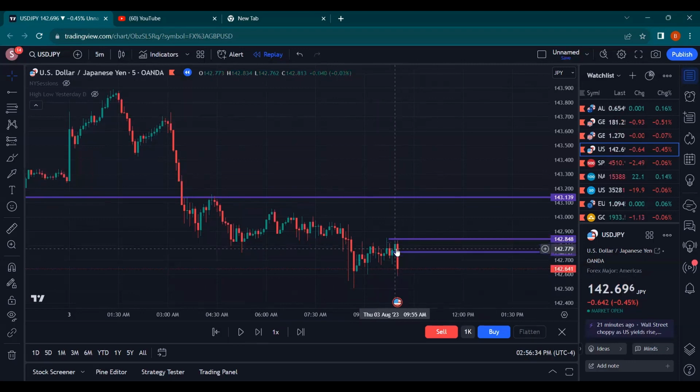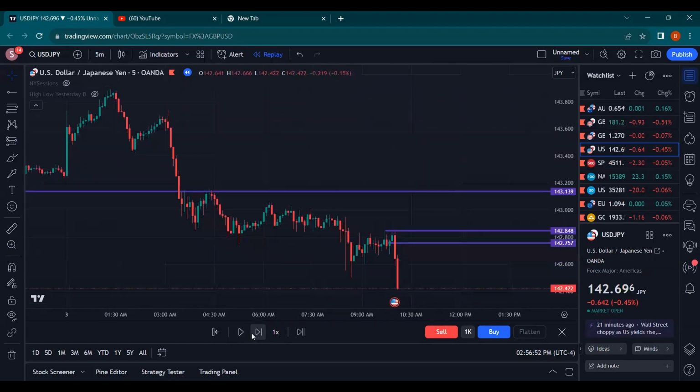The green candle means it's going up, the red is down. So if we wanted to go up, we'd be drawing our zone on the red candle. And going down, we'd be drawing it on the green candle. See, we're pushing down, breaking structure again.